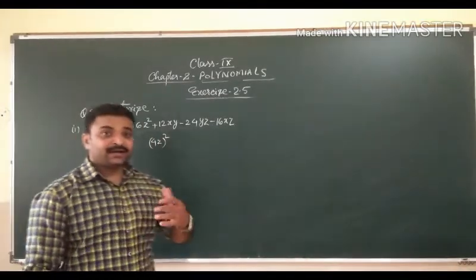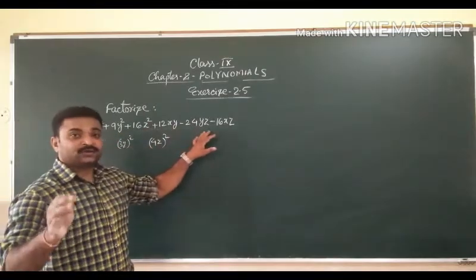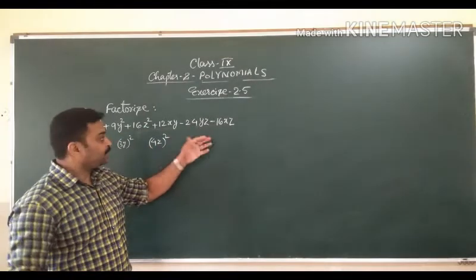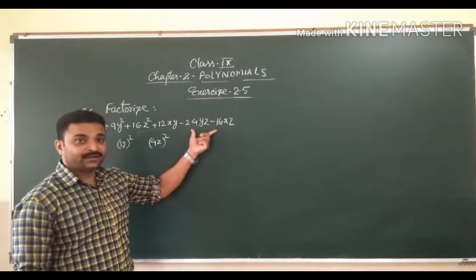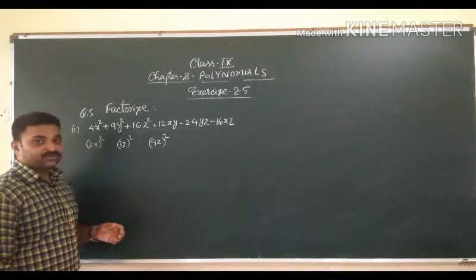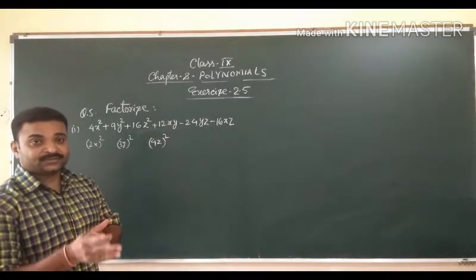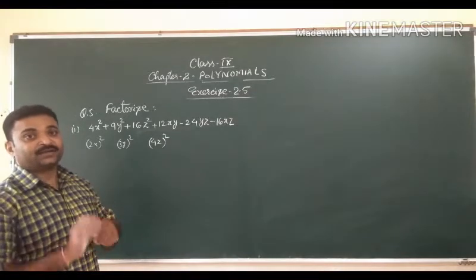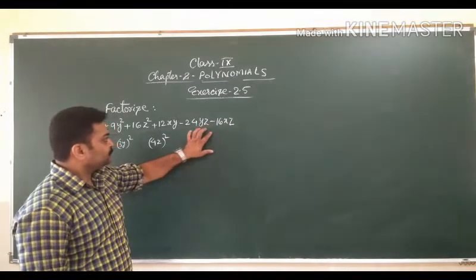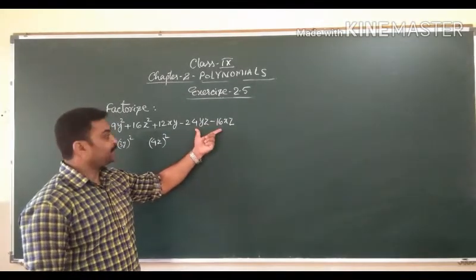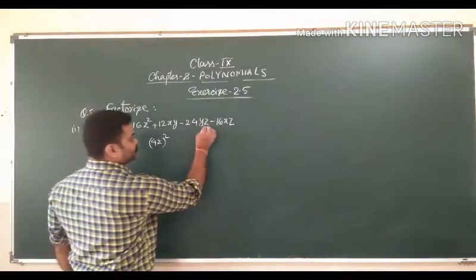And in our identity, all terms were positive, and here two terms are negative. So we have to mention whether A is negative or positive, B is positive or negative, or C is positive or negative. How do we clarify? You can see these two terms are negative terms, and these two terms contain this z.